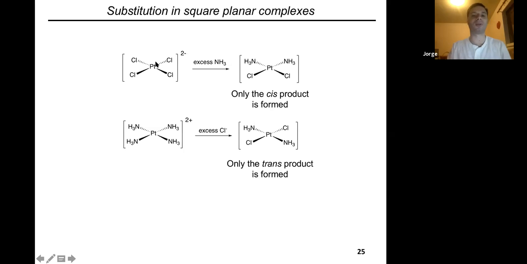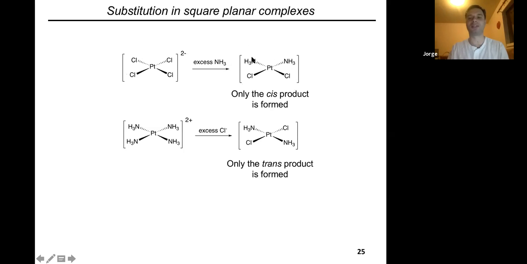All right, so let's start with tetrachloroplatinate 2. If we add a huge excess of ammonia, we will observe only the formation of the cis product.